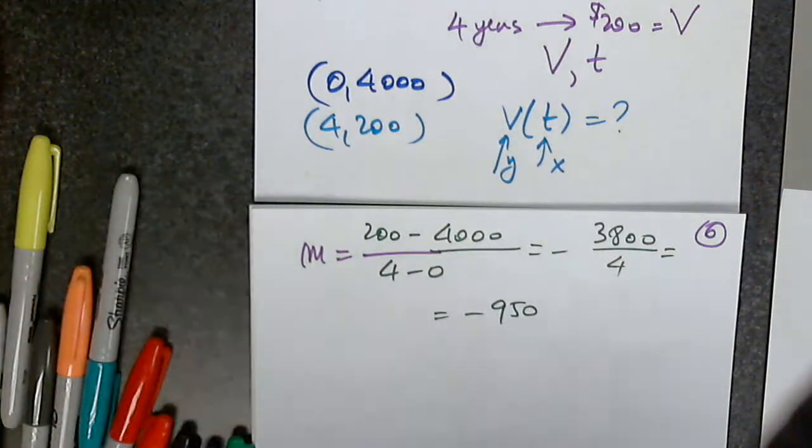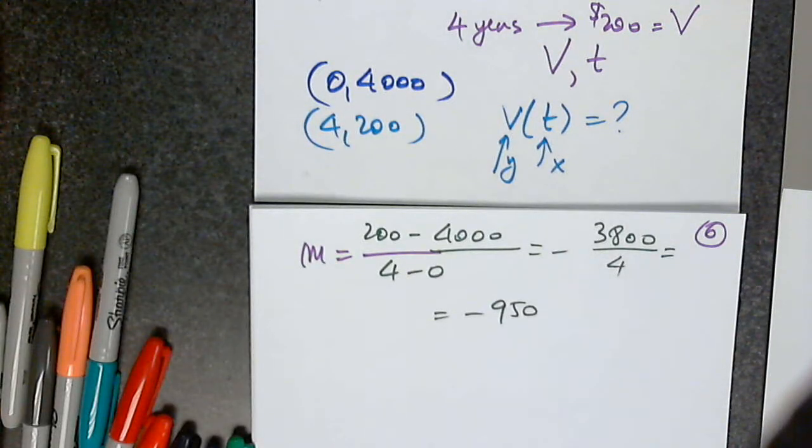Okay, now, if I just write minus 950, I can't get full credit. Why? What am I missing? 950 over 1, right? What else? Units. Exactly.